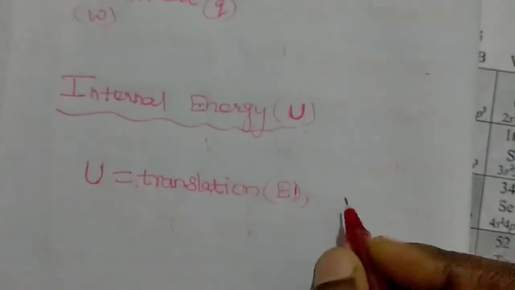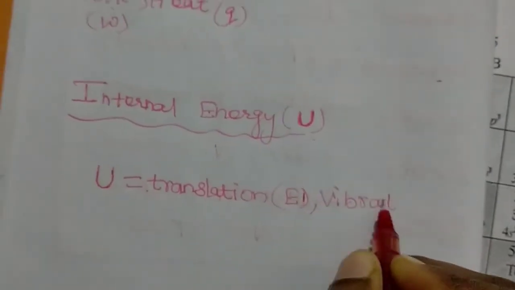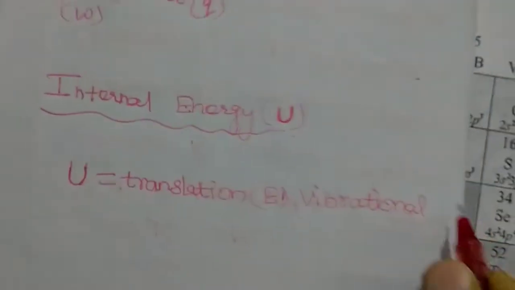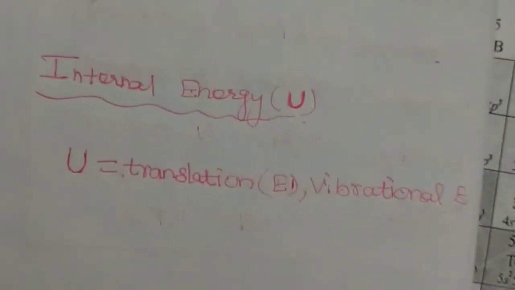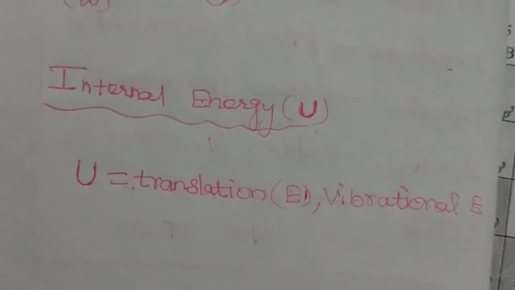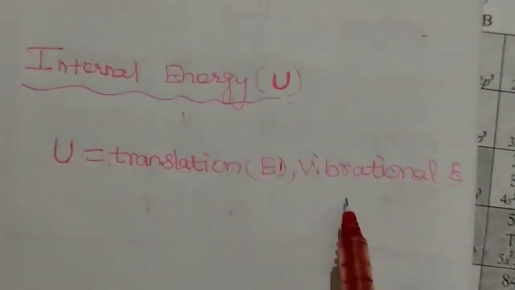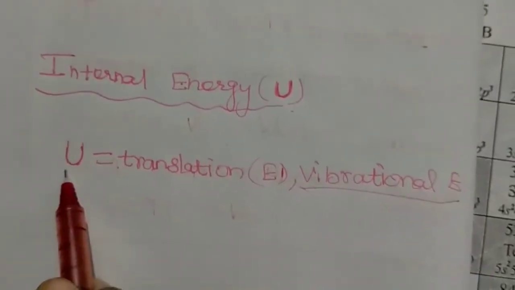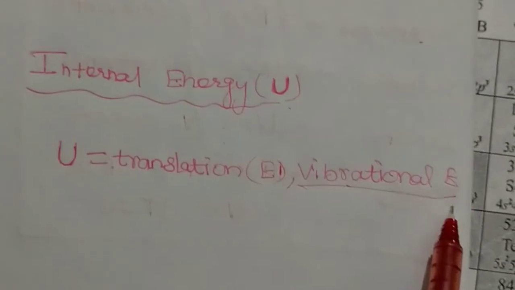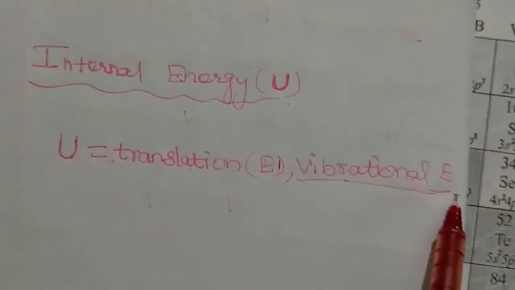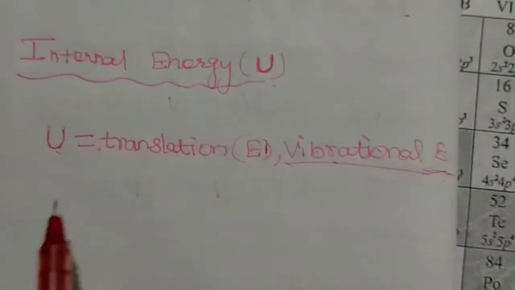And the next energy, vibrational energy. Vibrational energy means what? When all the molecules or atoms get heat from the source, they start vibrating. They get some vibration. That energy we also consider in the internal energy. So the vibrational energy also participates in the internal energy of the system.